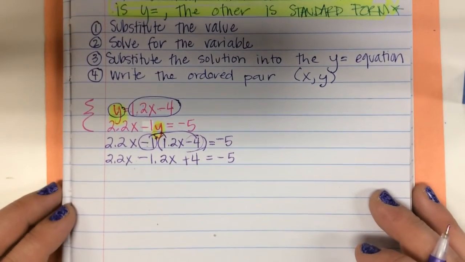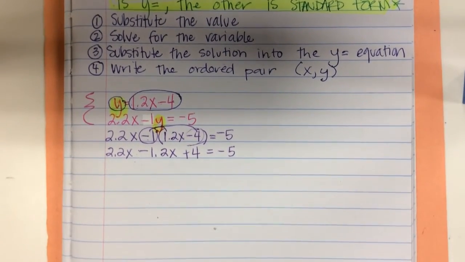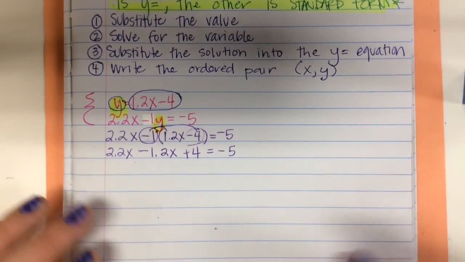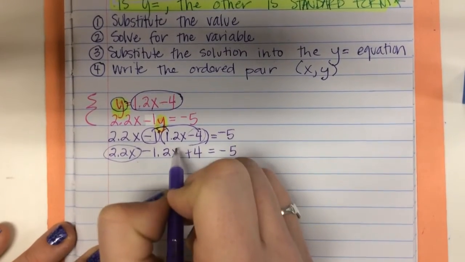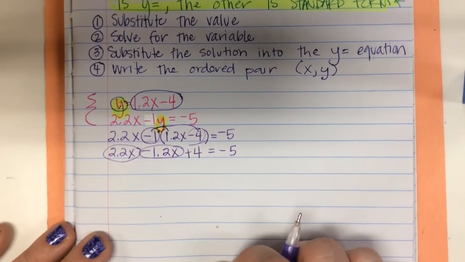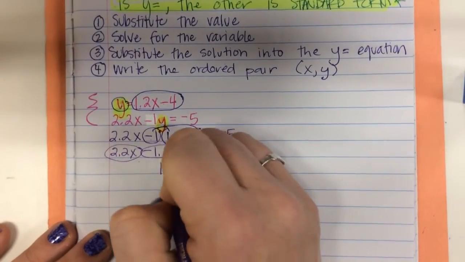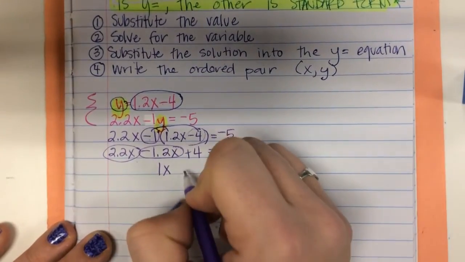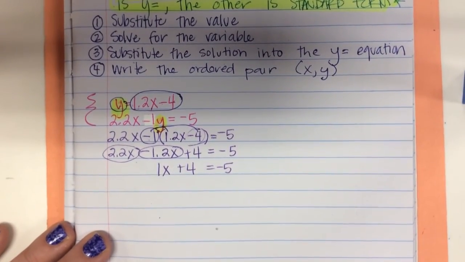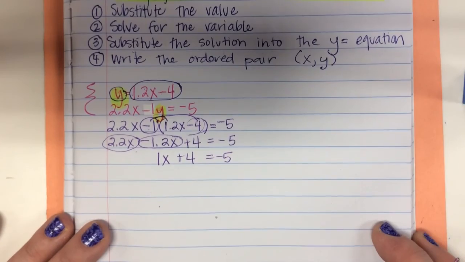Let's keep doing algebra. 2.2x minus 1.2x, 1x plus 4 equals negative 5. Can you keep solving?